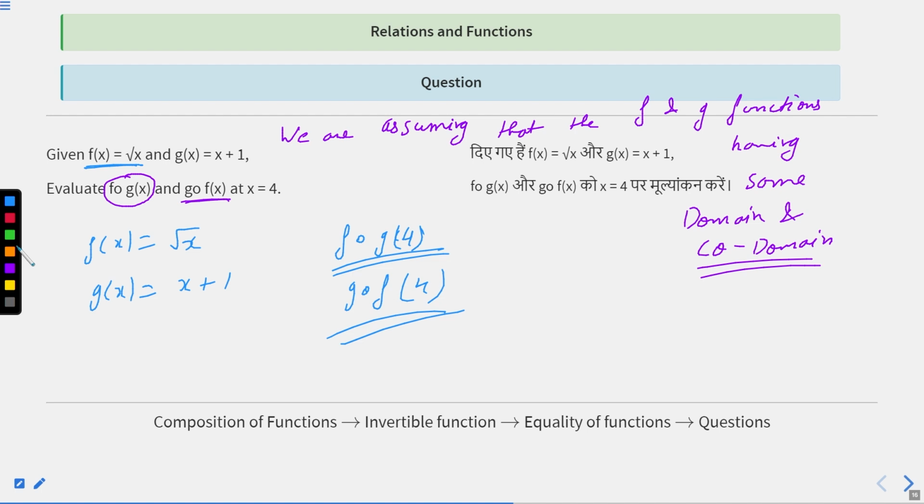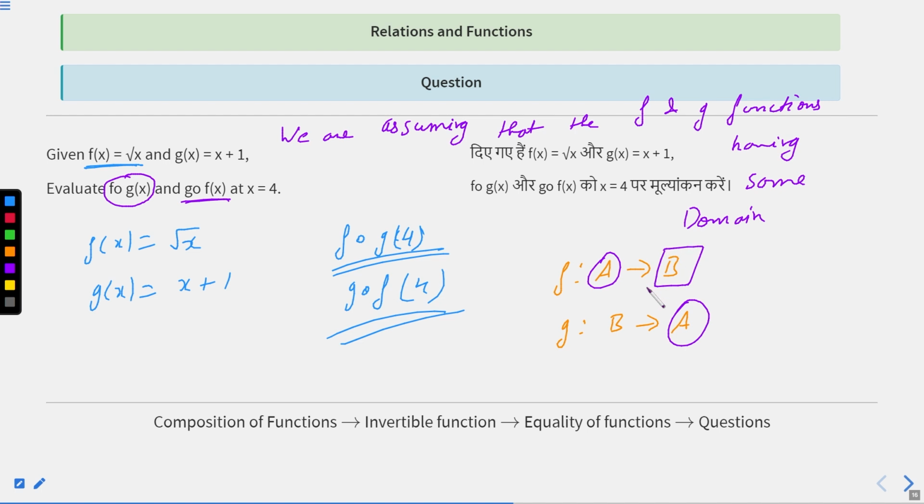Okay, now not the same domain and codomain. If f is from A to B, then g must be from B to A. So the domain of f must be equal to the codomain of g, and the codomain of f must be equal to the domain of g.